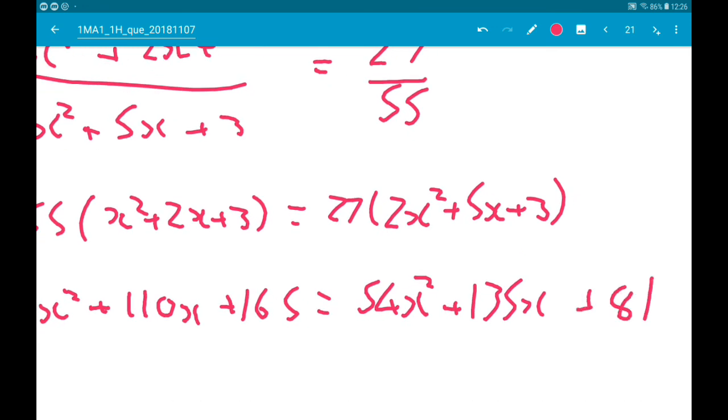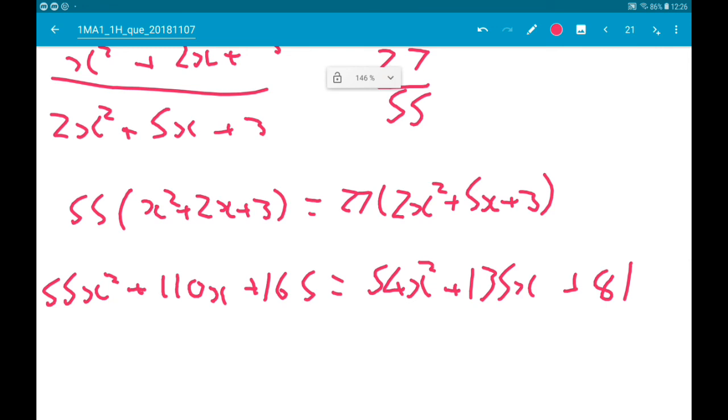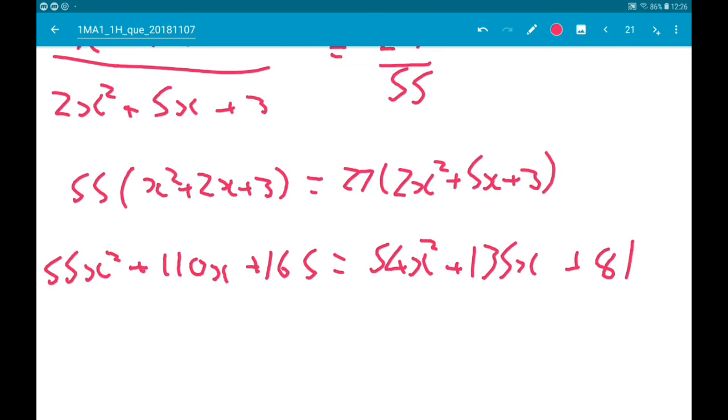Okay, we're now going to want to get everything on the same side, and hopefully it's about to get nicer. So, if we subtract 54x squared from both sides, we get left with 1x squared. If we subtract 135x, we're going to get minus 25x.